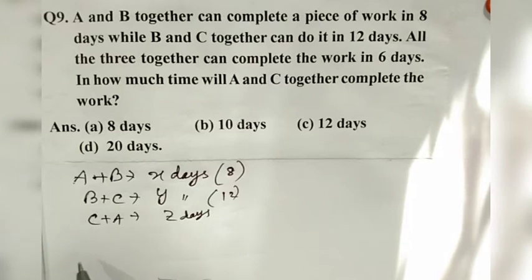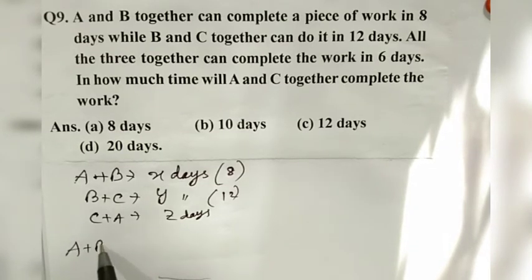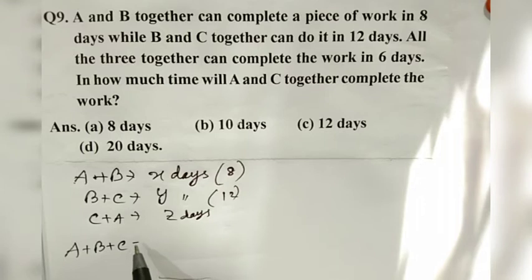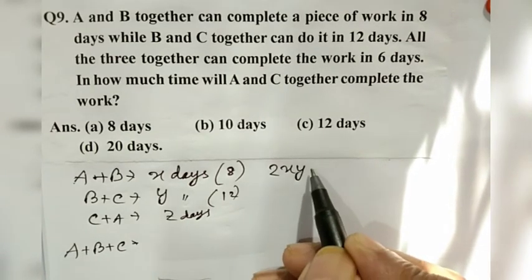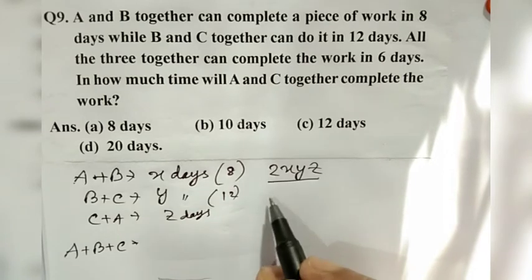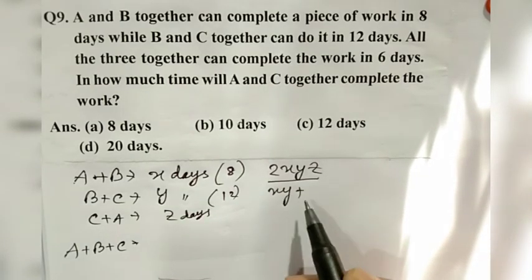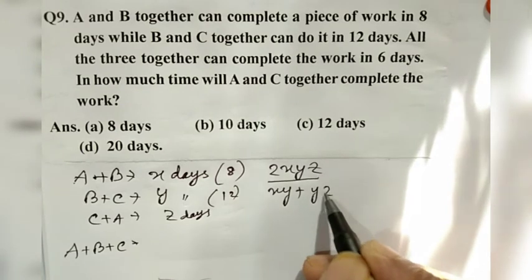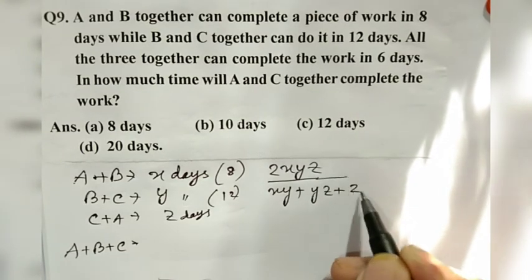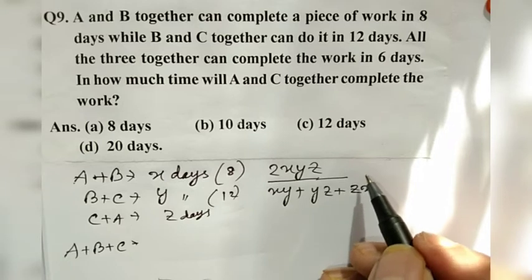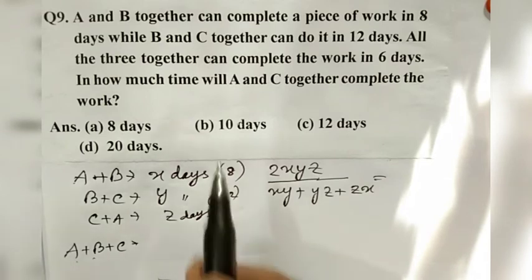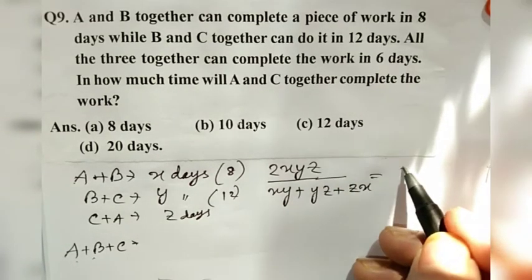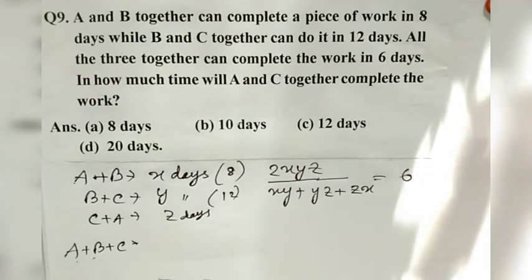Then the shortcut trick is, A plus B plus C can do the work in 2xyz by xy plus yz plus zx, which equals 6 days. Okay.